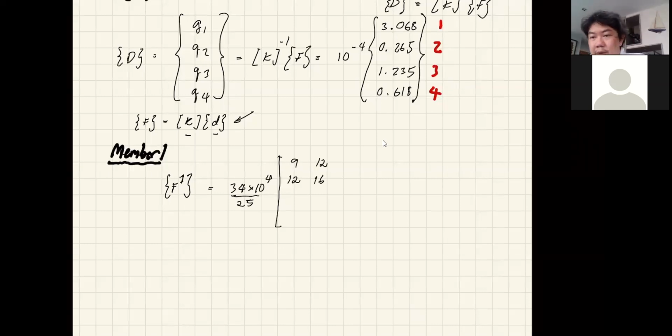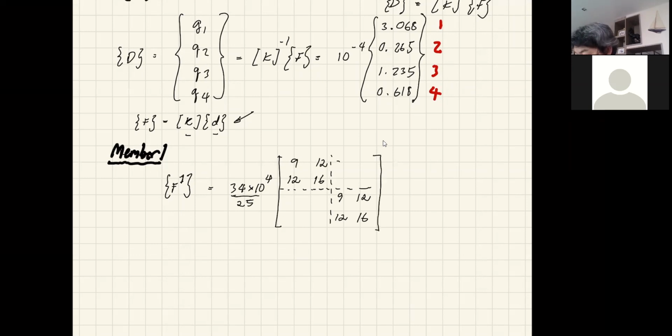You should notice how I write the matrix, you know, just create a good habit so that you won't make a silly mistake. Okay, break this into 4 sub matrices, and then I got 9, 12, 12, 16. And then the rest should be the opposite.